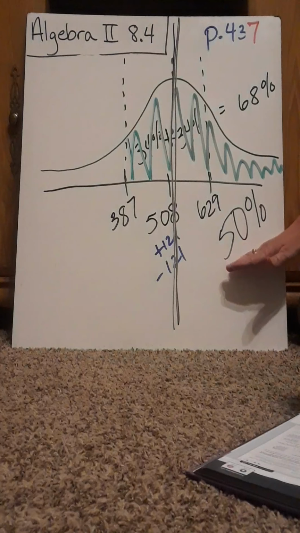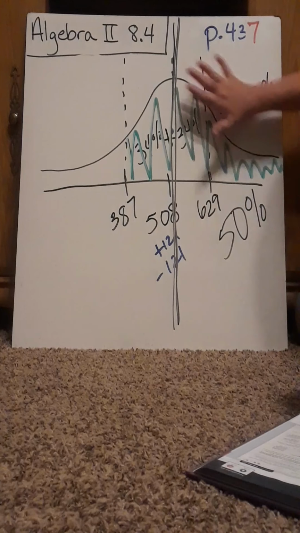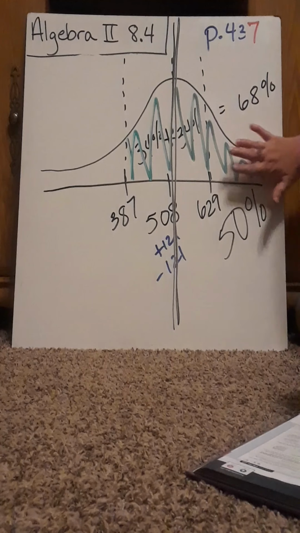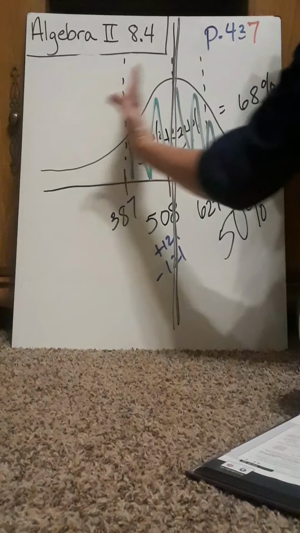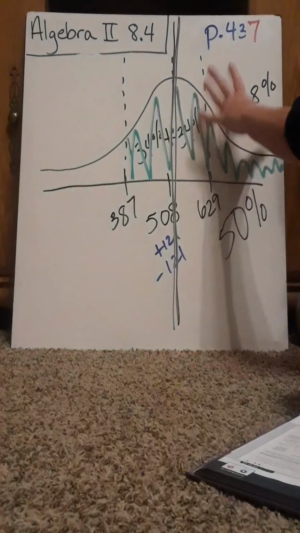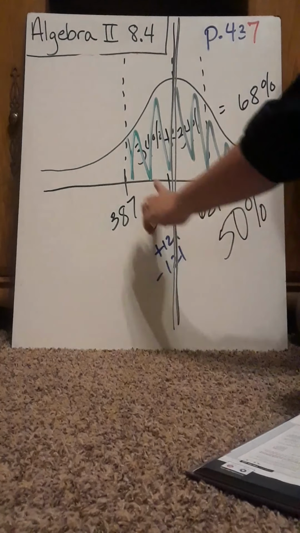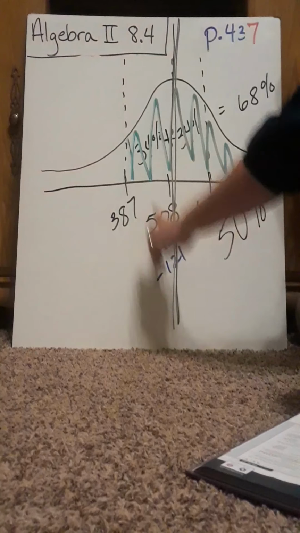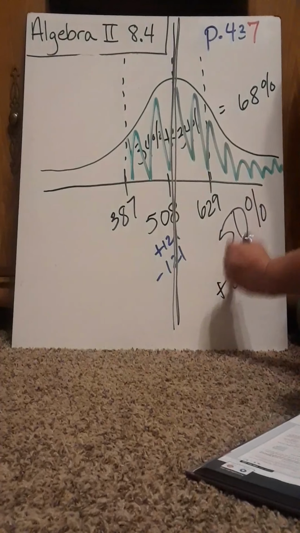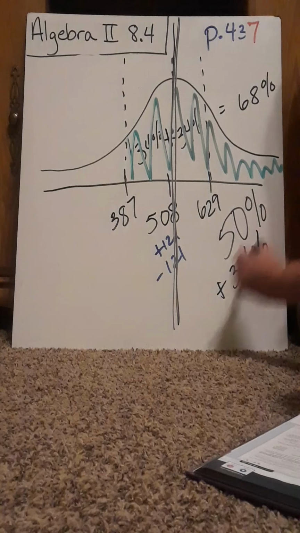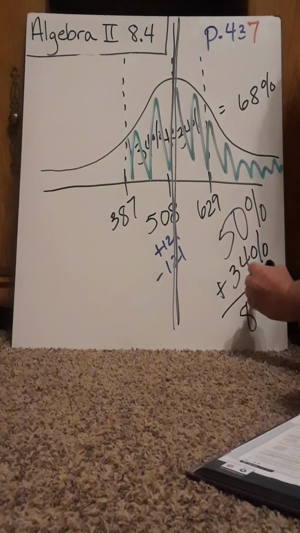So I know that 50% of my data is here. If I want the percentage of the data from here over, I know this half is 50%. Now just add this little section right here, which is 34%. That's going to give you 84%.